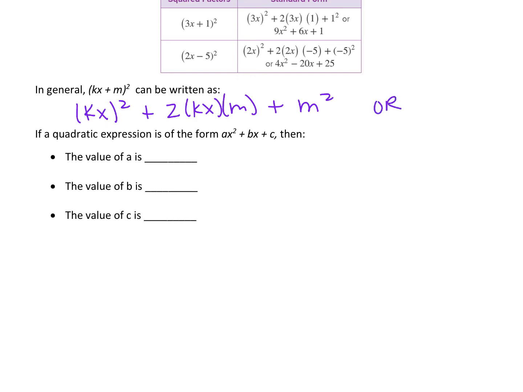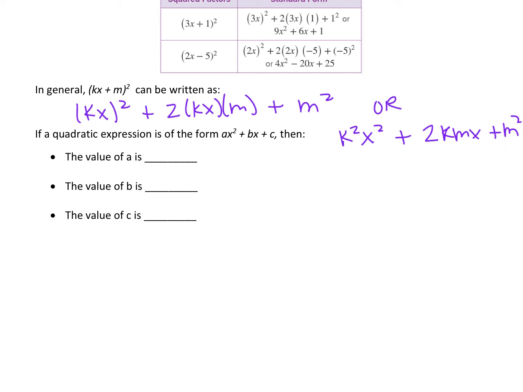Or if we multiply that out, (kx) squared is k squared x squared plus, if we multiply that second term out, we get 2kmx plus m squared.